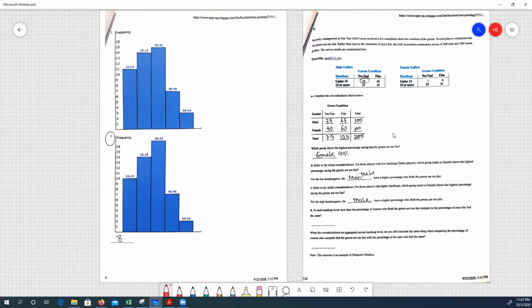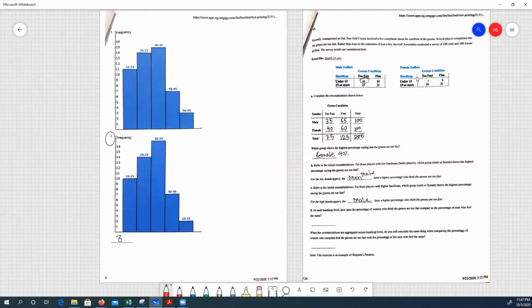So now the question is, which group shows the highest percent saying that the greens are too fast? So which group? That means female or male? You have to just consider green and too fast.